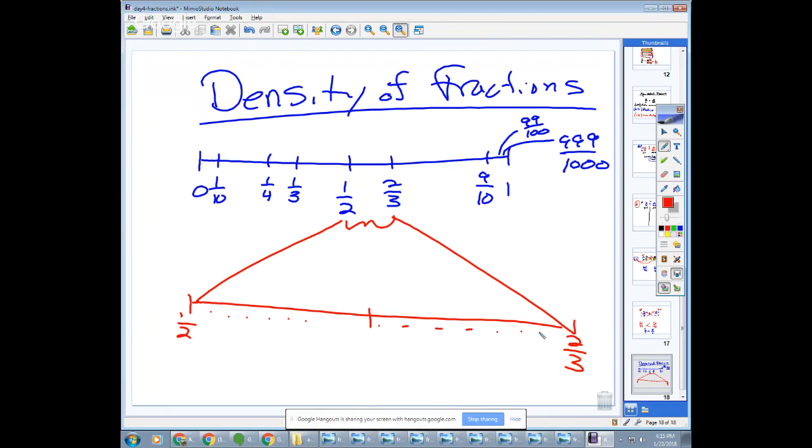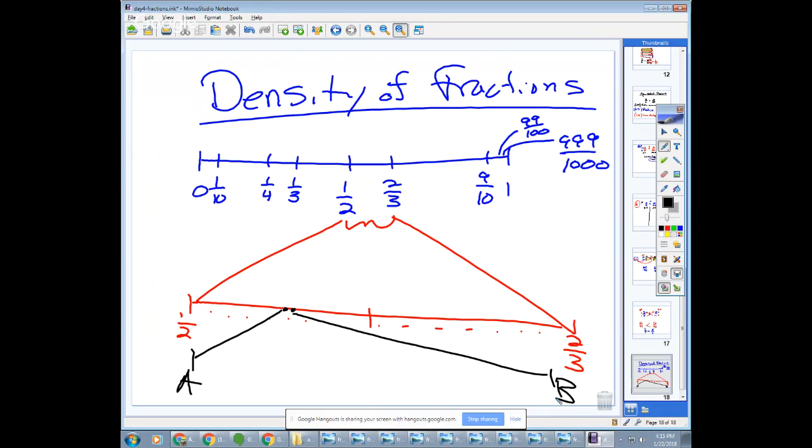So we could say there's infinitely many fractions between 0 and 1, right? But then if we pick any 2 of those, how many fractions live in between 1/2 and 2/3? Infinitely many. Then we pick 2 of those, like this guy right there and that guy right there, and we zoom in on them. So now we'll just call them fraction A and fraction B, and how many live in there?